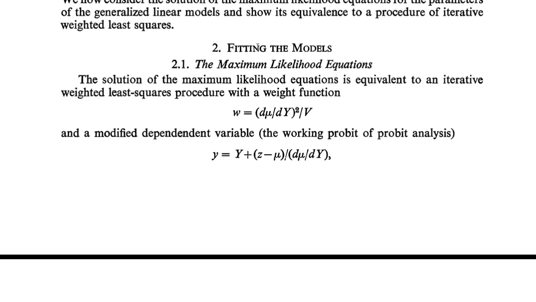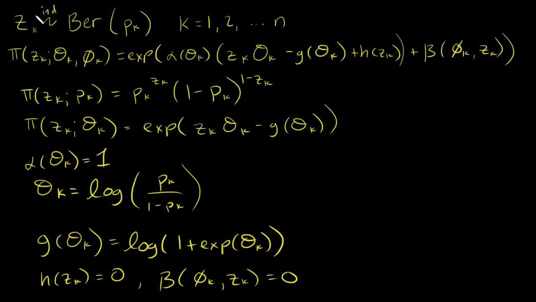So in the previous video that I made, I talked about how the Bernoulli distribution can be written as part of the exponential family distribution, right? So this is the exponential family, this is the Bernoulli, and we showed that you can write this Bernoulli distribution like this as long as you identify these guys as your variables or as your functions.